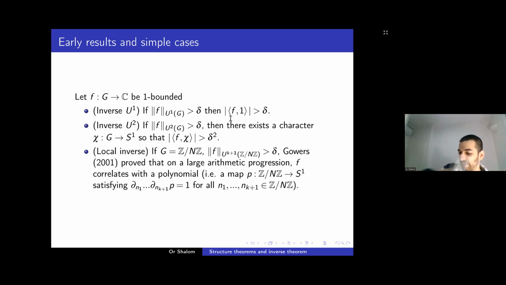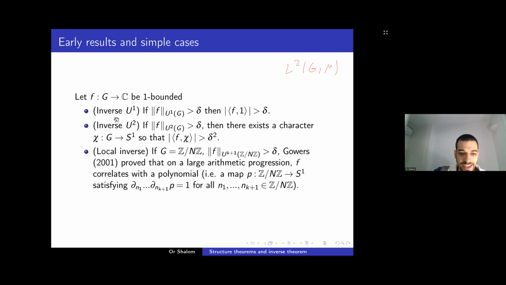So here the inner product is defined on L2 of G, where mu is the normalized counting measure on G. G is a finite group, Z mod NZ, for example. So this inner product is just the average of f. The way we read this statement is if f has large U1 norm, then f correlates with the constant. And the proof is trivial because these two quantities are actually equal.